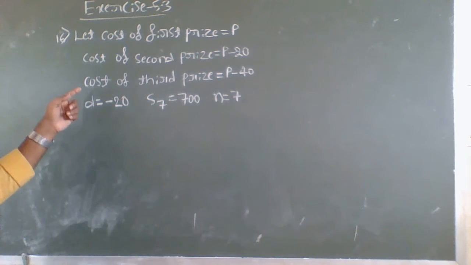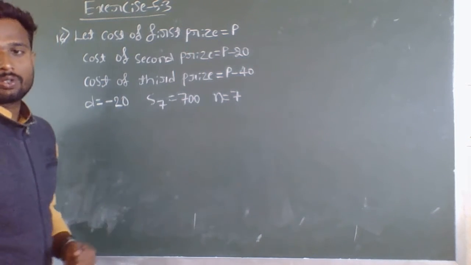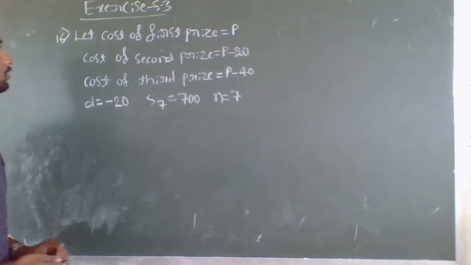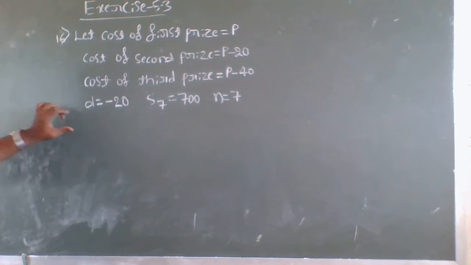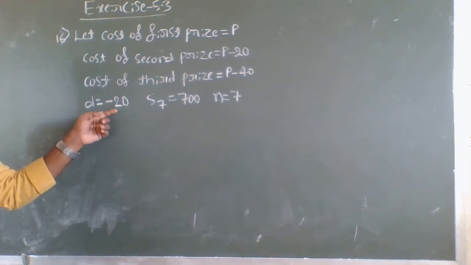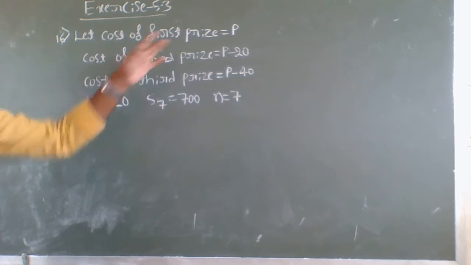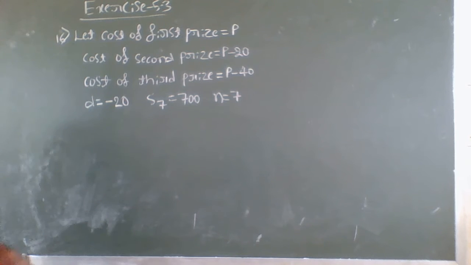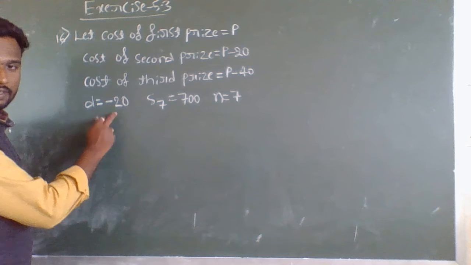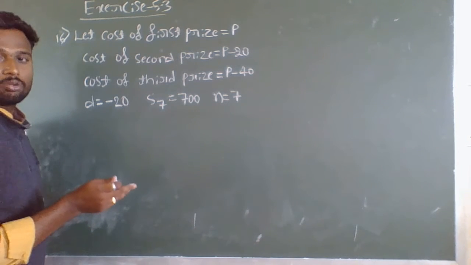Like this only, the third prize will be P minus 40 rupees. By observing this, you can write that the common difference between these terms is minus 20. Because the first one is P, the second prize is P minus 20, and again it becomes P minus 40. Therefore the common difference d value is minus 20.